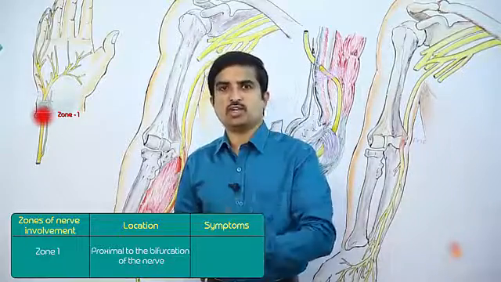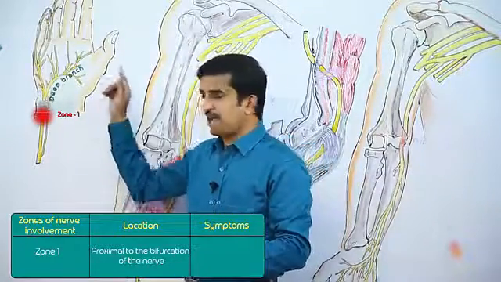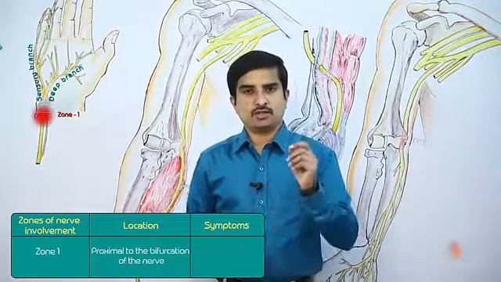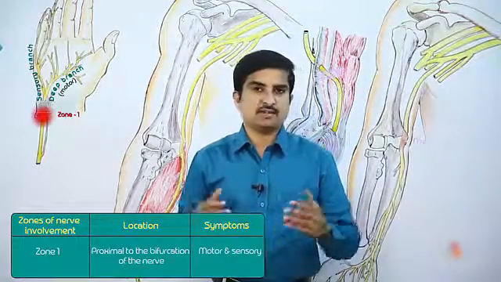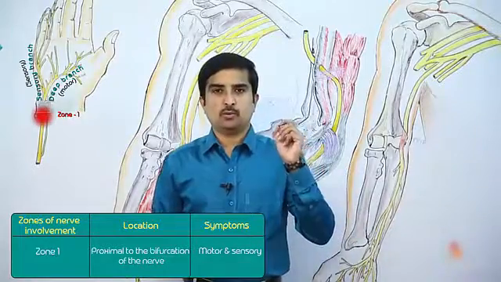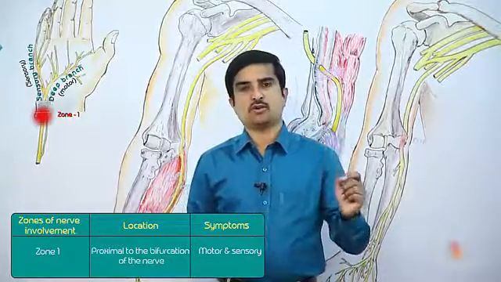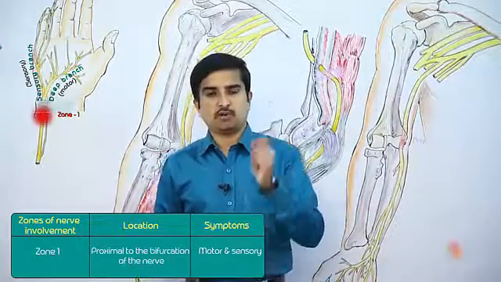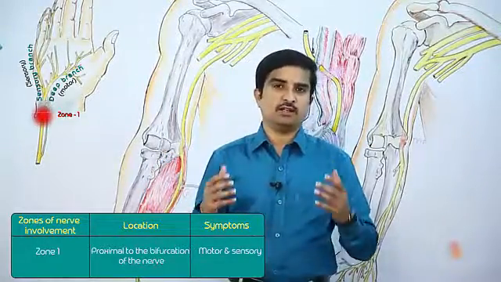Because of this, both the deep branch as well as the sensory branches are involved, which in turn causes motor as well as sensory loss. So one important point: zone 1 causes motor and sensory loss because the injury is proximal to the bifurcation of the nerve.